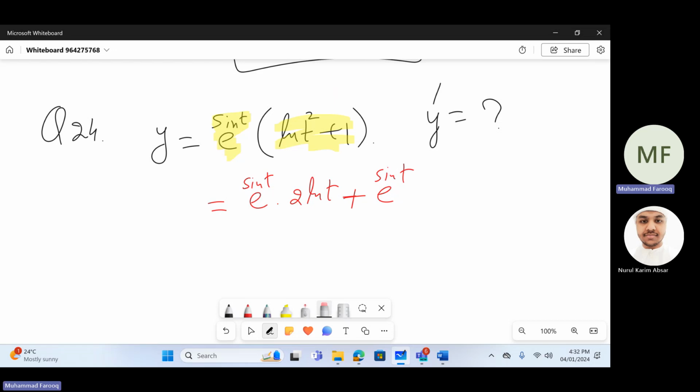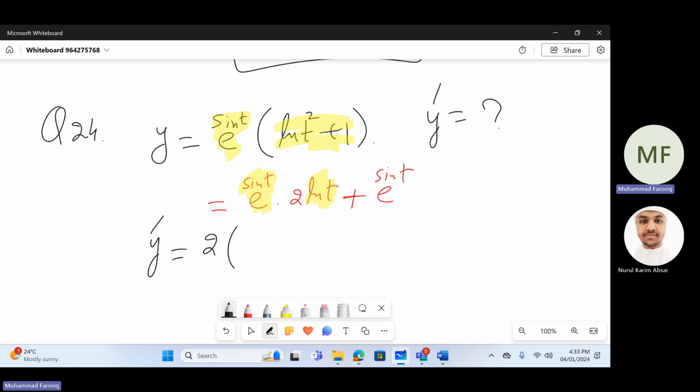Understand the point? Okay. Now again, you have this one function and this is the second function, so you can use the product rule. 2 is constant, so keep it as it is, don't change anything, because it's multiplying. Here you can use the product rule: u prime v plus u v prime.